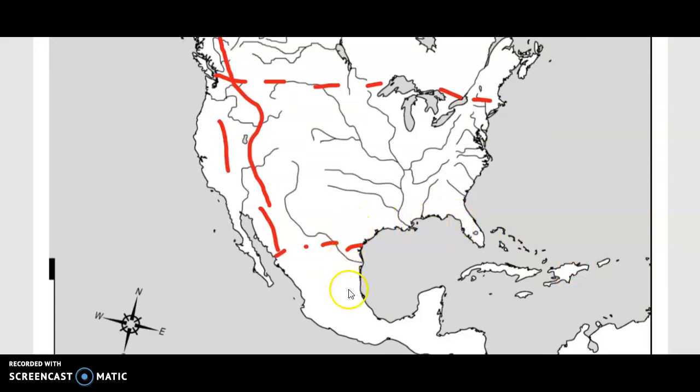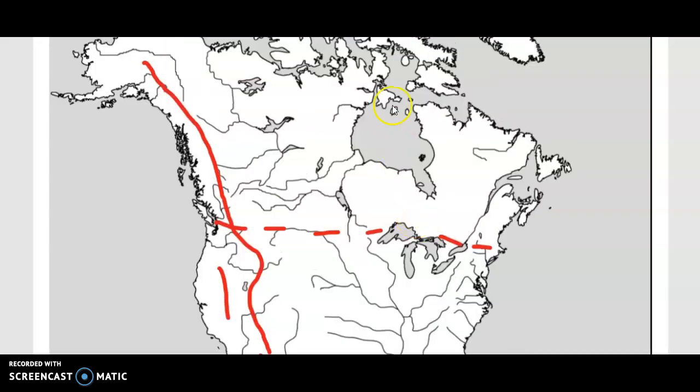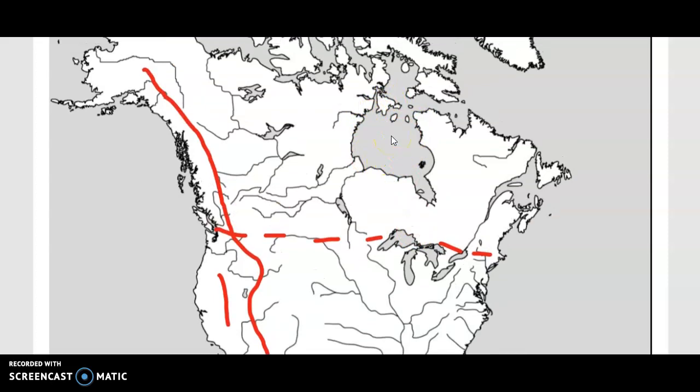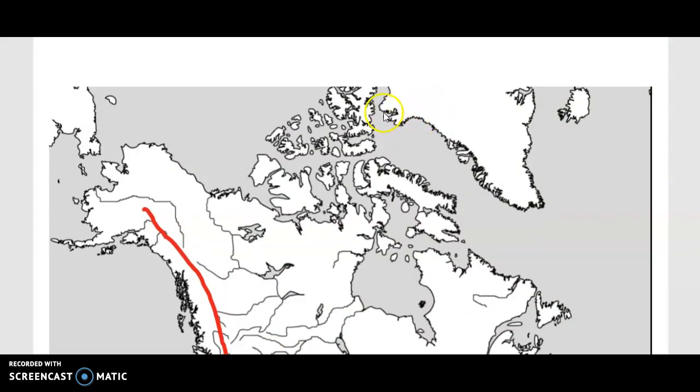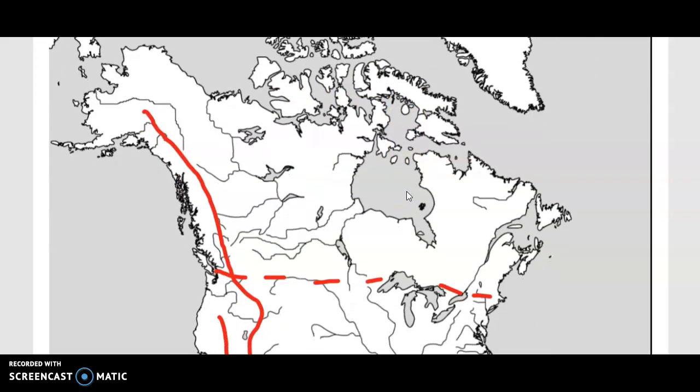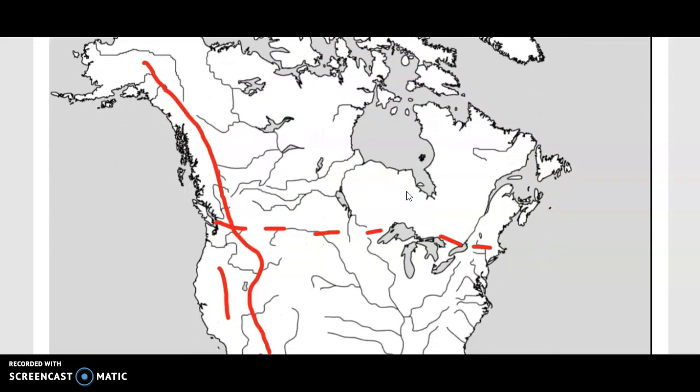The huge gulf which is here is known as the Gulf of Mexico, and in the north, this is known as Hudson Bay. Further north, you have Greenland, and these are all the islands that are there in North America. Alright, now let us see the rivers which are there. The rivers which are there are in the form of River Fraser, which is here.